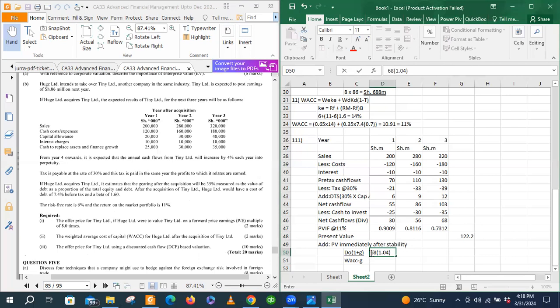Then we divide by our WACC, 0.11 minus 0.04. So what do we have there? We get 10.29.